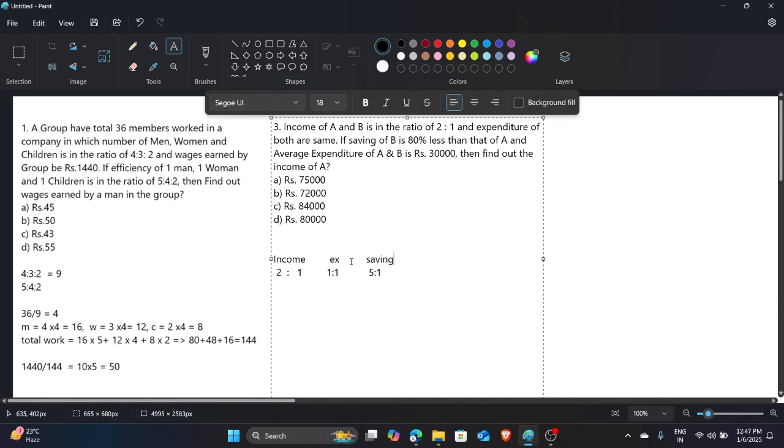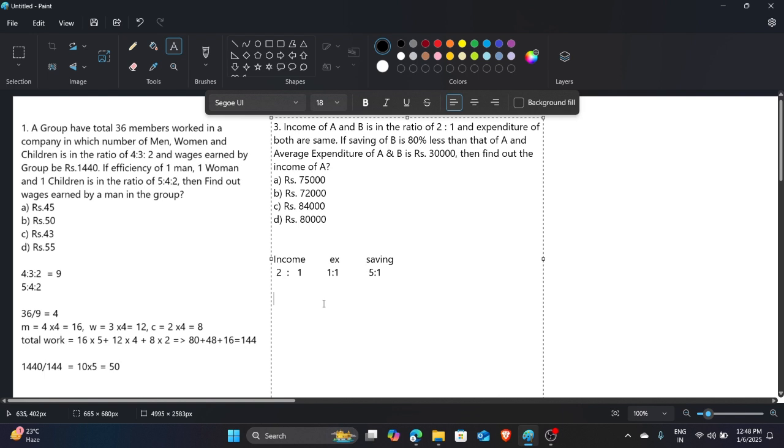So if the saving of B is 80% less than that of A, and the average expenditure of A and B is this, then find out the income of A. So we know that their average expenditure is this. Now, if their expenditures are the same, then their average expenditure is just their individual expenditure.